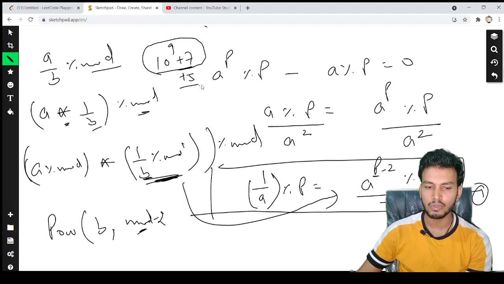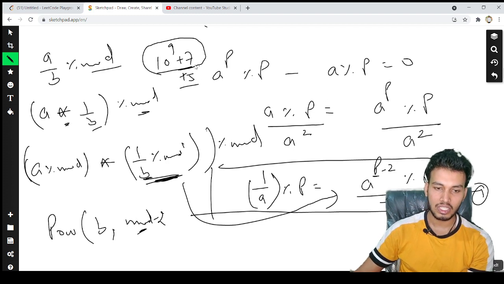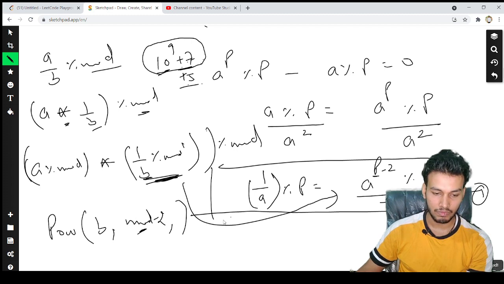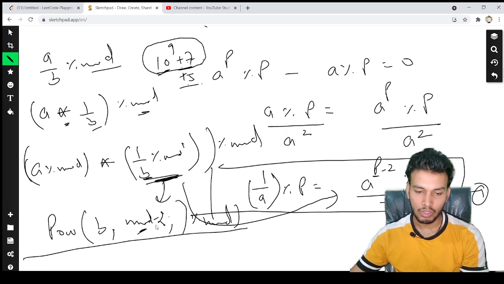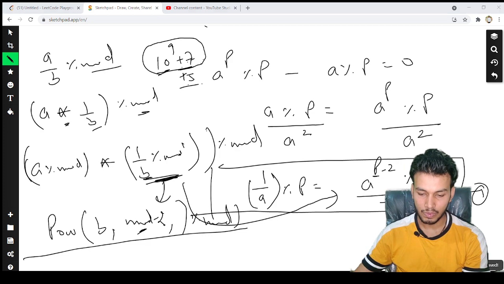Plus 5 will also work, because we need a prime number for Fermat's Little Theorem. 10 raised to power 9 is not prime, it's an even number, so we add 7 or 5 to make it a prime number. That's why we write b comma mod minus 2. We pass this, and then take the mod of this thing. So you can put this in the formula. That's how the division mod will work.